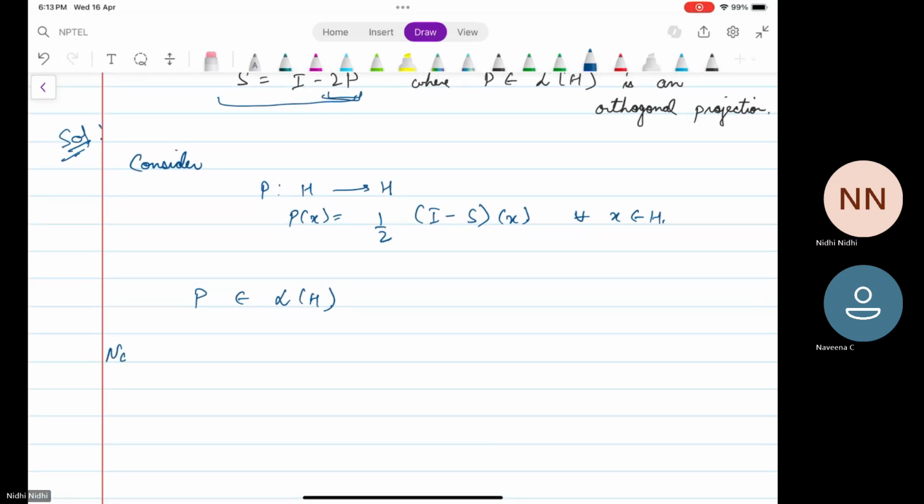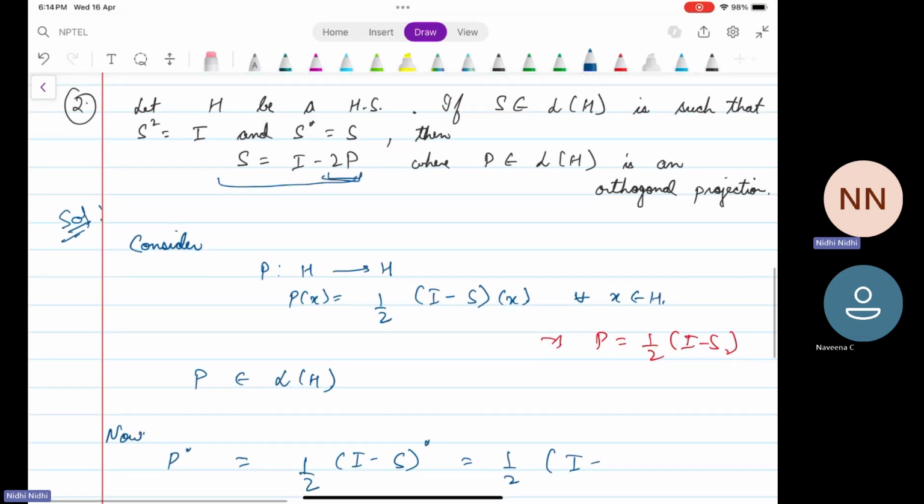Now, P star. P is equal to 1 by 2 times (I minus S). So, P star would be 1 by 2 times (I minus S star), which, since identity is self-adjoint, is I minus S star.